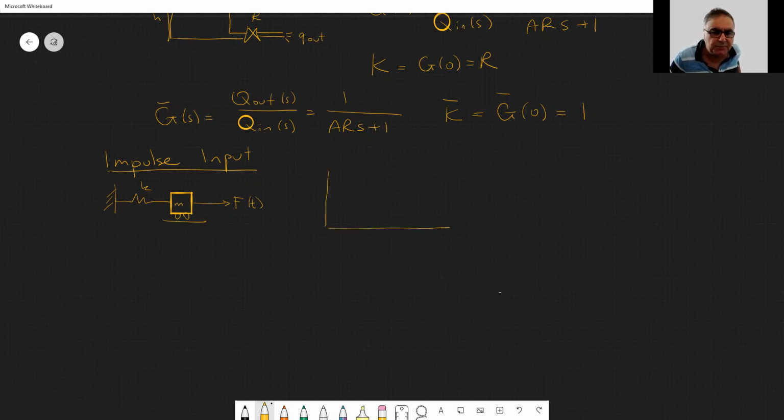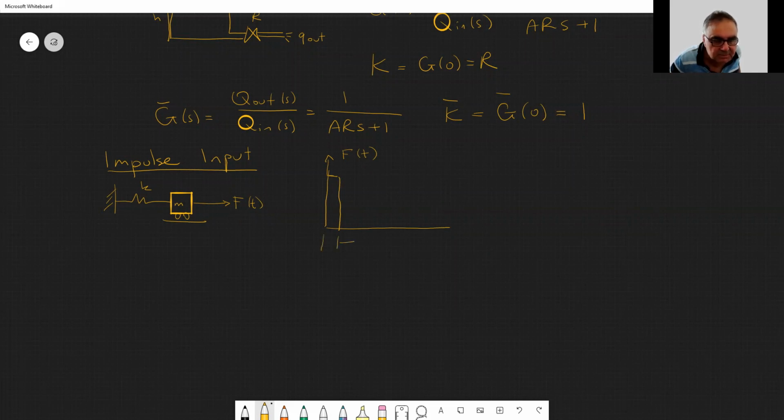If you put a constant input, that would be a step. But you put a pulse, that is, you put an input which is very high, a large input. This is F of t. And that large input lasts for a short time.